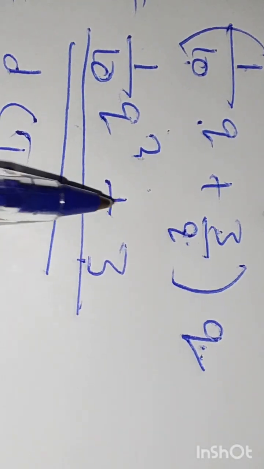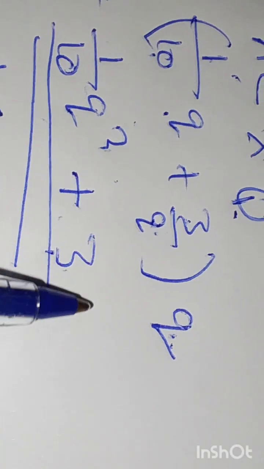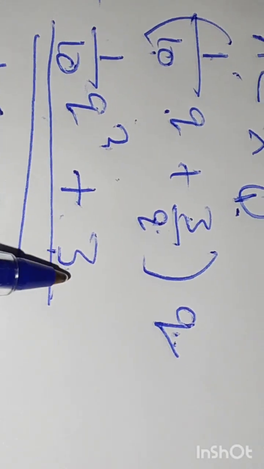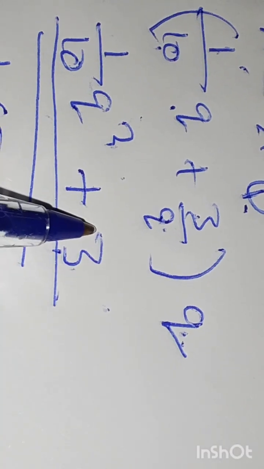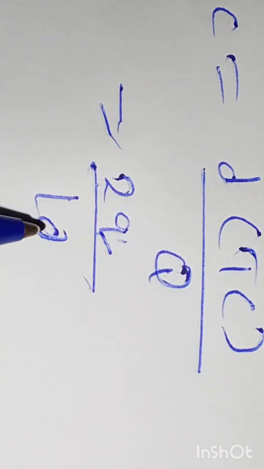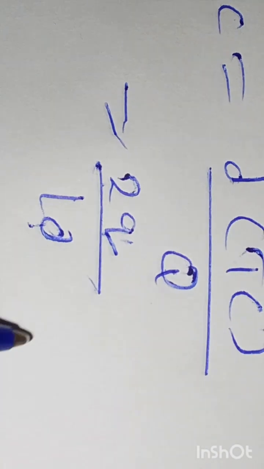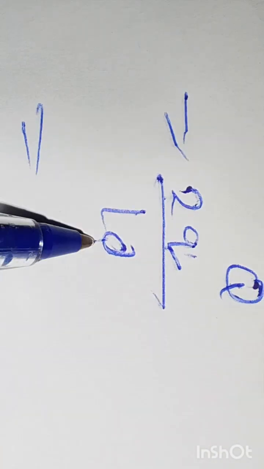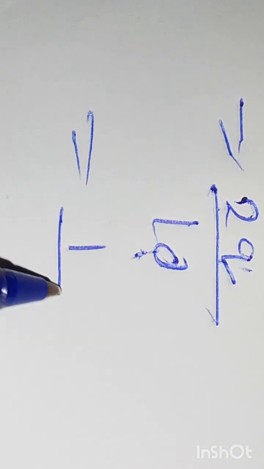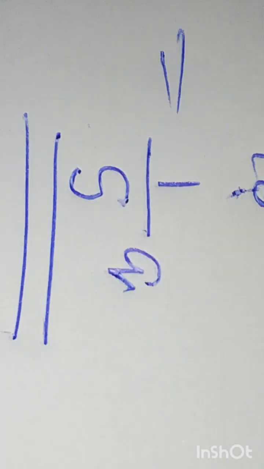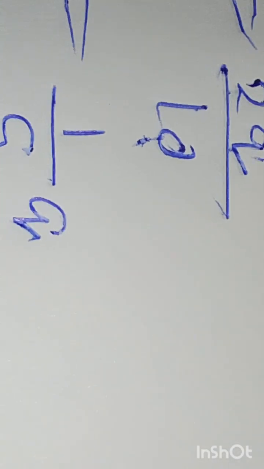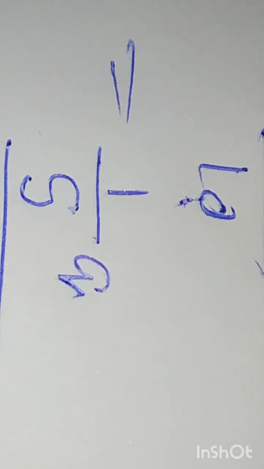If you differentiate a constant, you're going to have 0, because this is the same as 3Q to the power 0. Since the power is 0, it will be 0 times 3, which gives you 0. So you're just going to remain with 2Q over 10. This 2 can go into 10, so it will be 1 over 5Q. Simple as that. So this is the formula for the marginal cost. Then we move on to C.